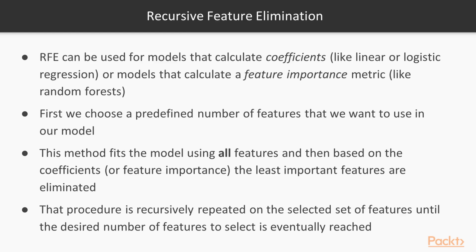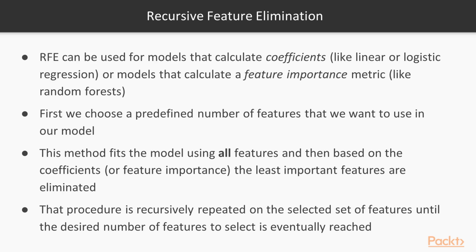RFE can also be applied in Scikit-Learn, and we can use this technique with models that calculate coefficients, like linear or logistic regression, or models that calculate something called feature importance, as we saw in the first video of this course. Random Forest provides us with this feature importance metric. So for models that don't calculate either coefficients or feature importances, this method cannot be used.